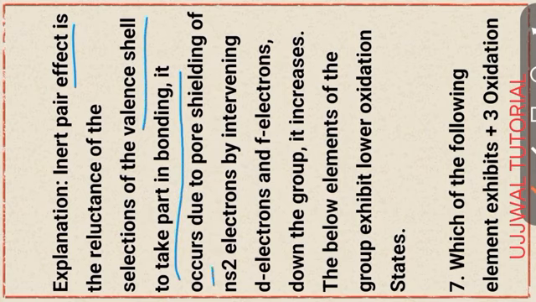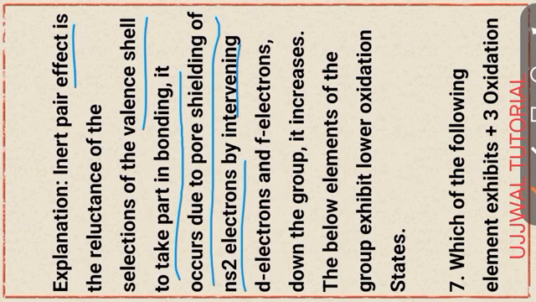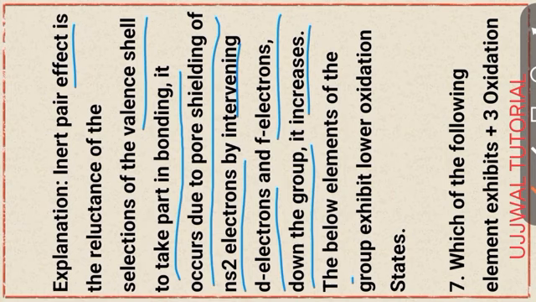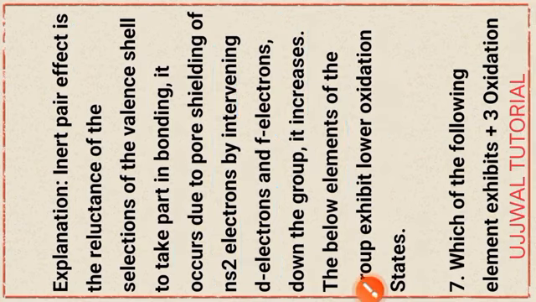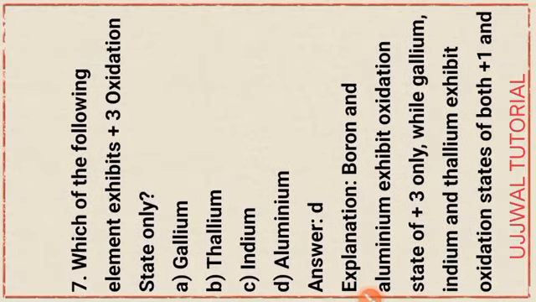It occurs due to poor shielding of ns2 electrons by intervening d electrons and f electrons. Down the group it increases, so the heavier elements of the group exhibit lower oxidation states.